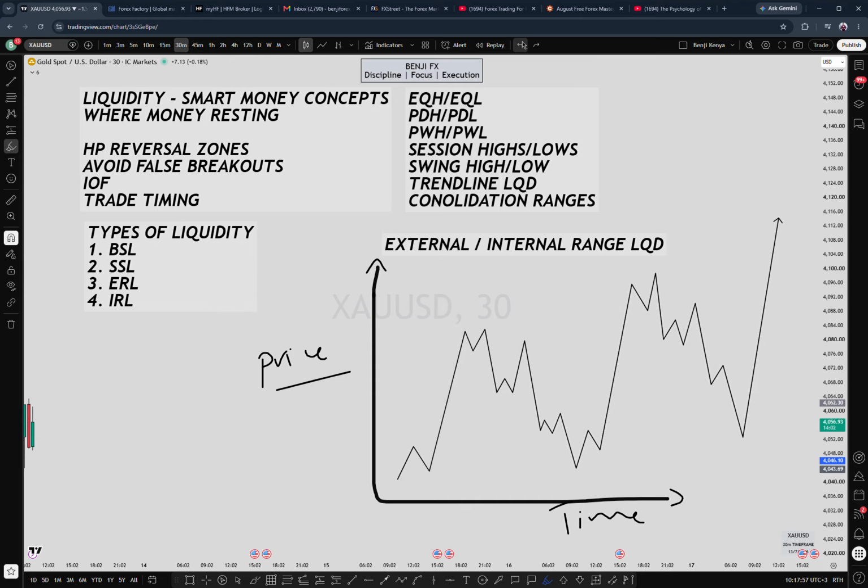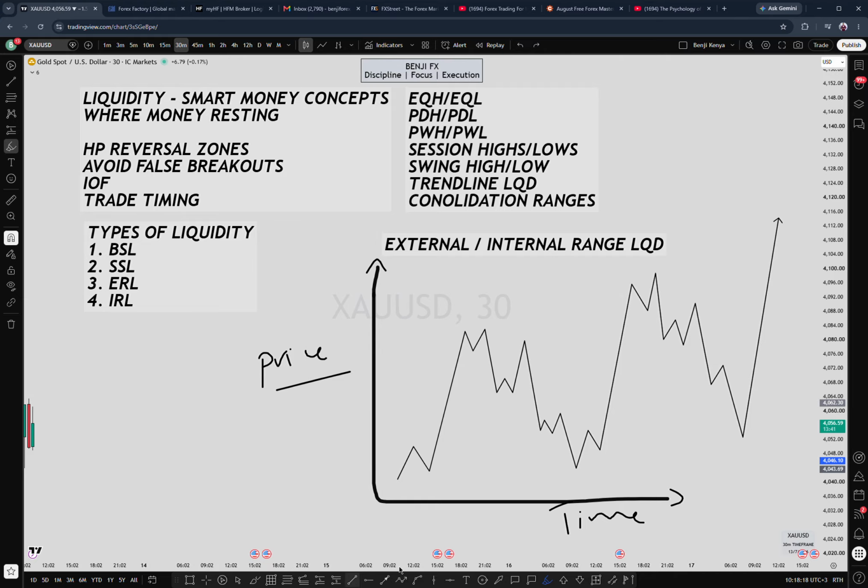These are often targeted by price before the market moves to external range liquidity. Once you understand liquidity and also apply it with supply and demand, you can definitely make a good amount of money.